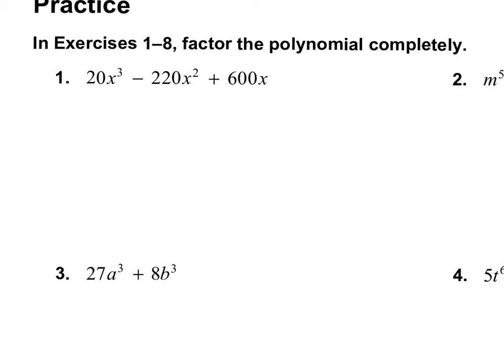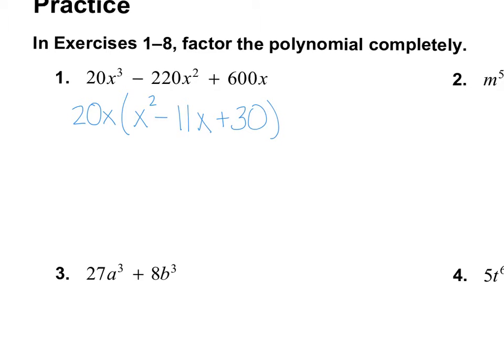Looking at this problem, I can see that I can take out a 20 and an x. Taking out 20x and dividing gives me x squared minus 11x plus 30.